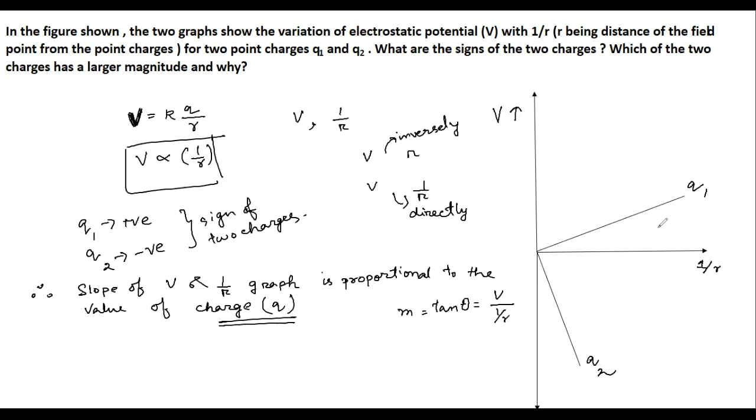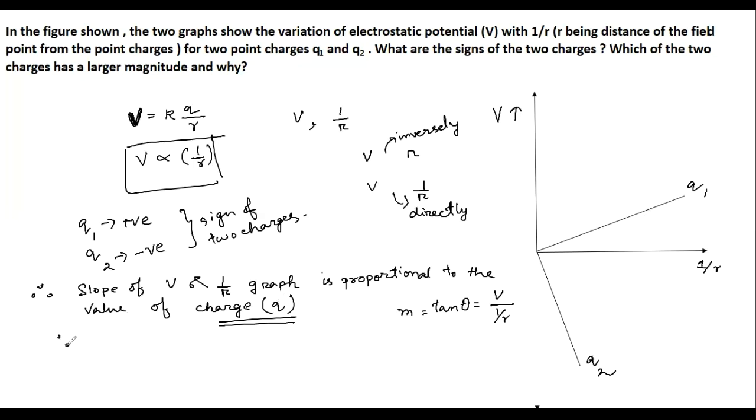Now, as you can see here, the angle made by the Q1 plot and the angle made by the Q2 plot have a large variation in between. The Q1 curve is actually making a lesser angle as compared to the Q2 curve.